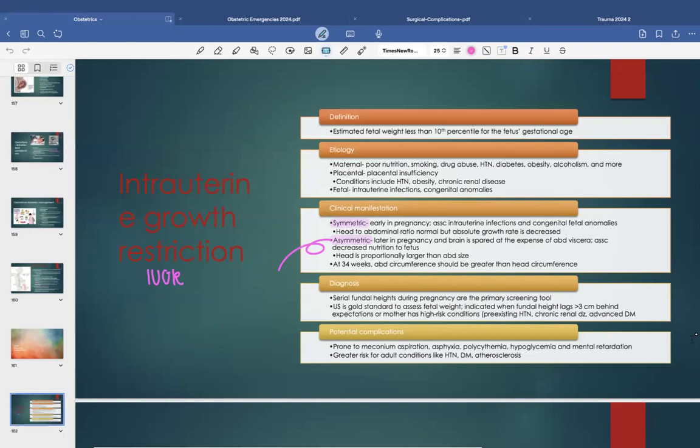The fetus will shunt its blood to the vital organs, like your brain and your heart, but that's at the expense of organs in the abdomen, so the abdomen is smaller, those babies. At 34 weeks, your abdomen circumference should be greater than the head circumference. So for these little ones, their abdomen is much smaller than it should be when you're measuring during ultrasound.